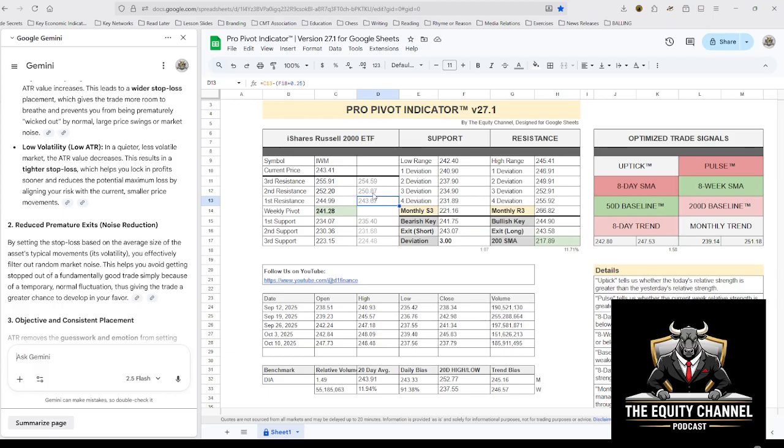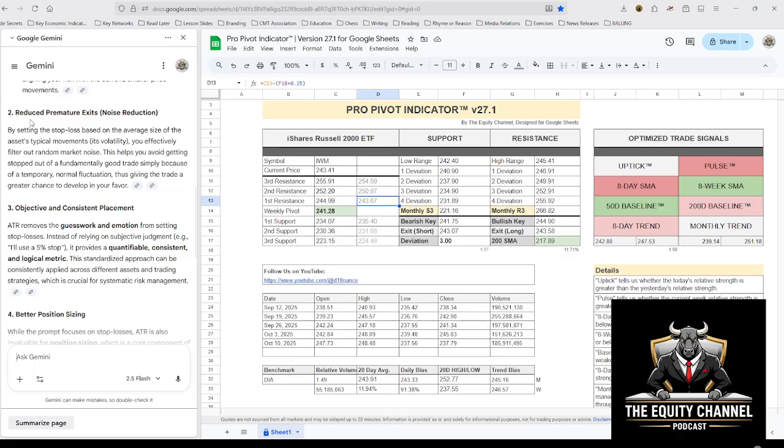Right now, they're focused on 1 plus 0.25. So this particular stop loss is focused on 1 standard deviation plus a quarter, pretty much. No matter what, it has to exceed your 1 standard deviation or your 1 ATR by a quarter.